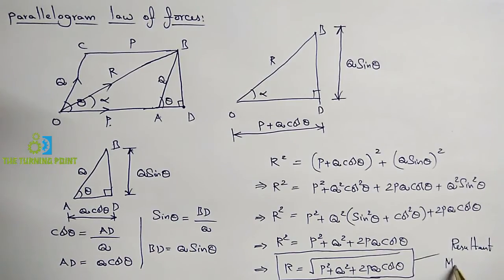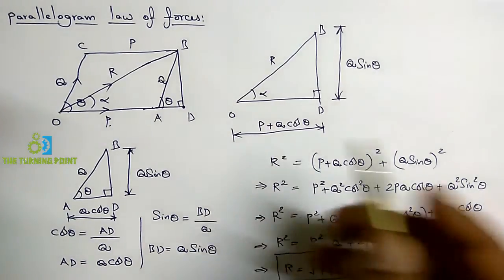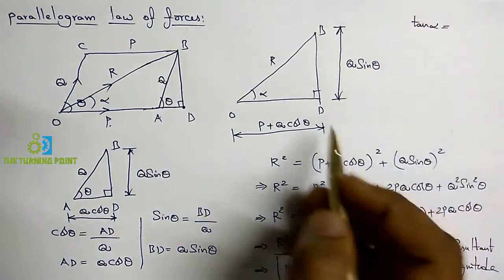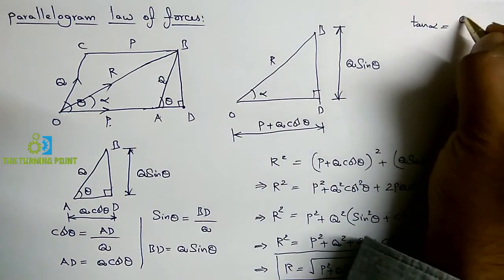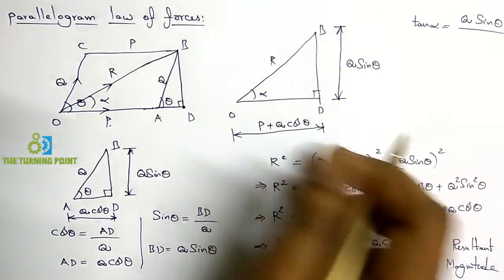What about finding the direction of the resultant, you may ask. From the same triangle I can find the direction of the resultant. In order to find the direction, which is alpha, first I will consider tan alpha. Tan alpha is equal to, here the opposite side is Q sin theta and the adjacent side is P plus Q cos theta.